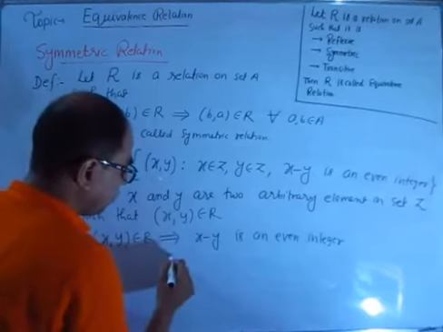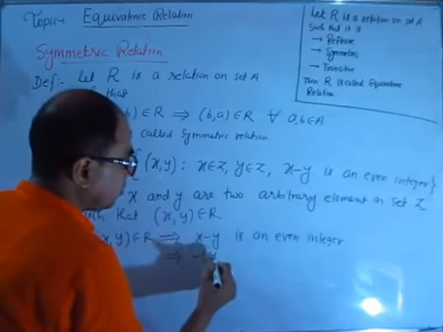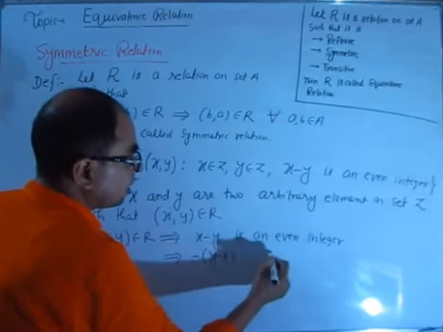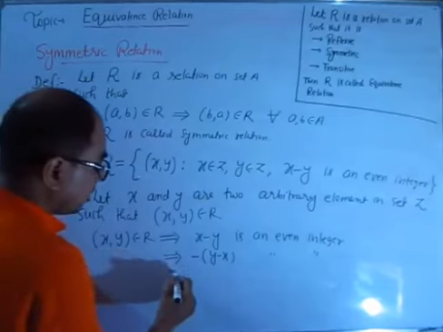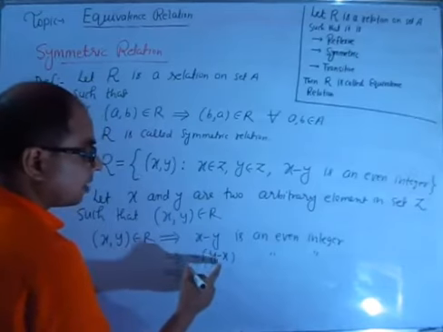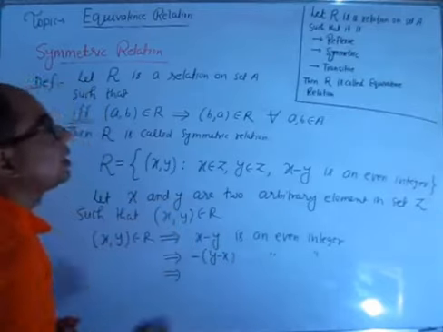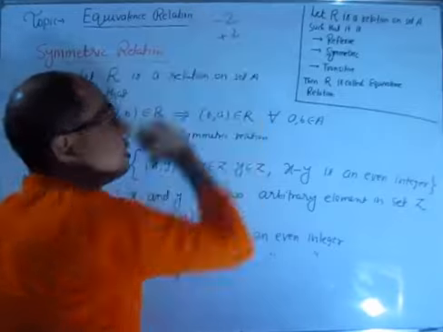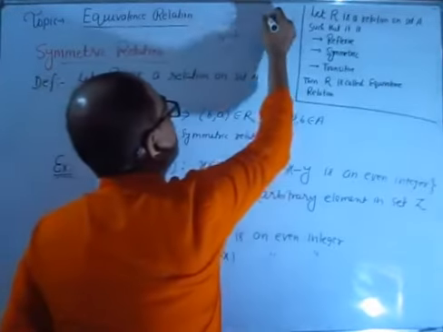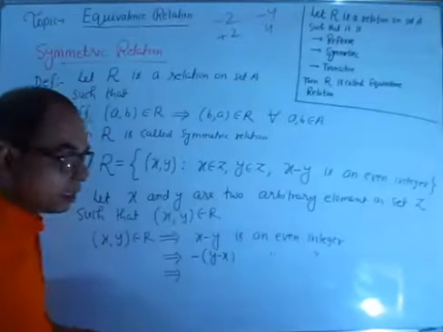So how can we prove it? Take minus common from here. So y will be positive, x will be negative. This statement is correct. Now if the negative of any number is an even integer, then its positive also will be an even integer. If minus 2 is an even integer, then of course plus 2 also will be an even integer. If minus 4 is an even integer, then of course plus 4 also will be an even integer.